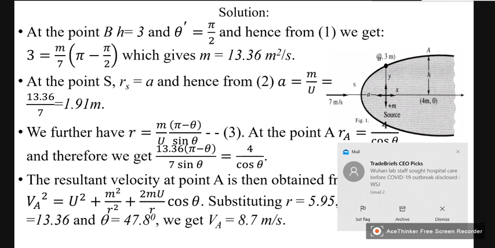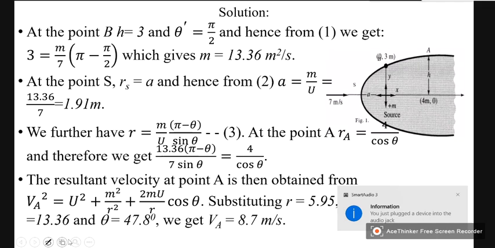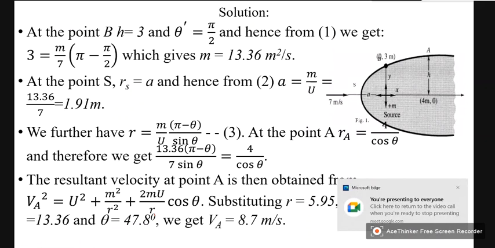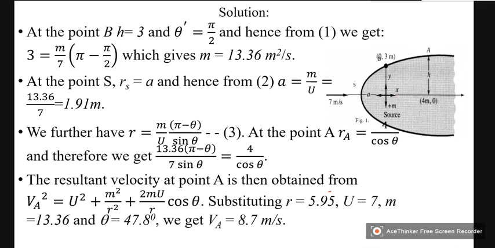Theta dash is the angle, this angle is theta. What is that value?